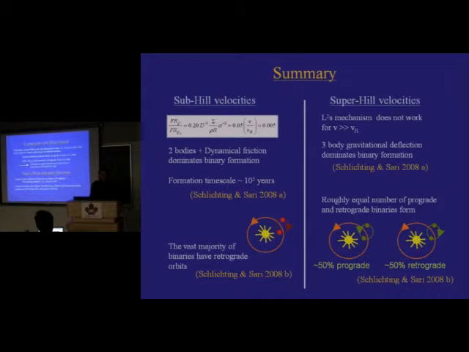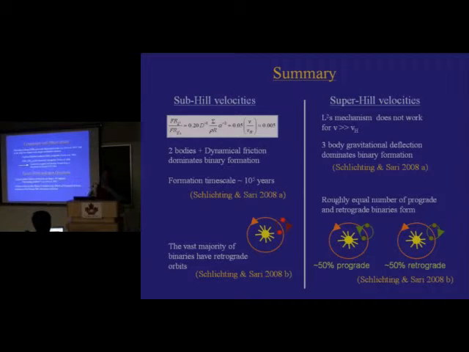And the reason for this is that it's difficult to distinguish an orbit that goes in this sense from an orbit that goes in that sense, because you cannot see which body is in front if you just see the projection onto the sky. And one of those two is the prograde solution, and one is the retrograde solution.